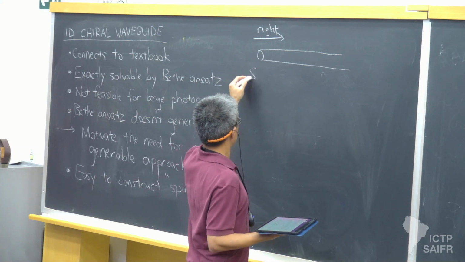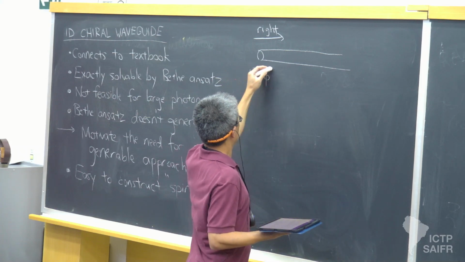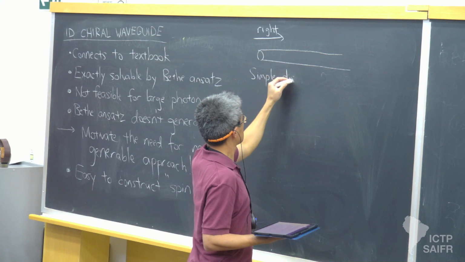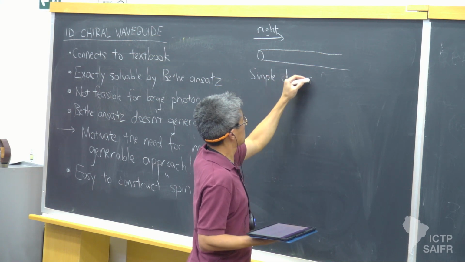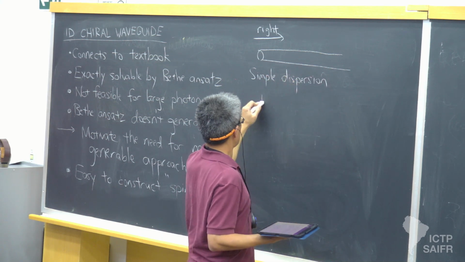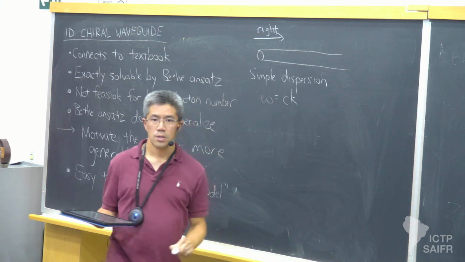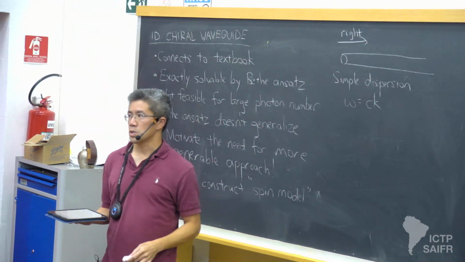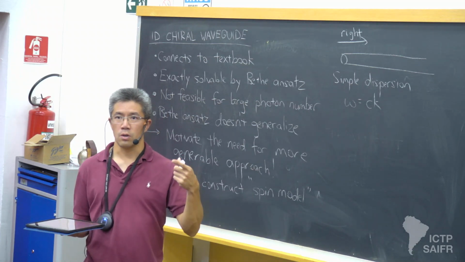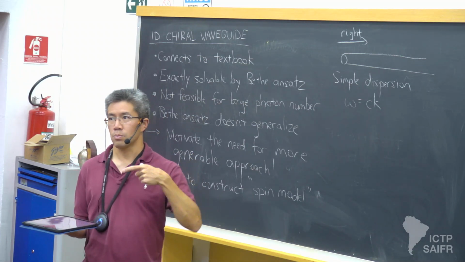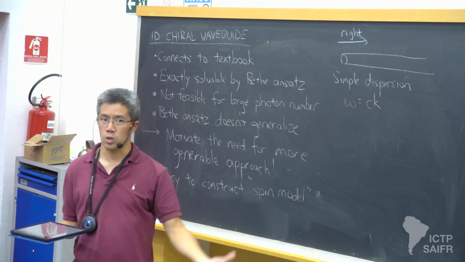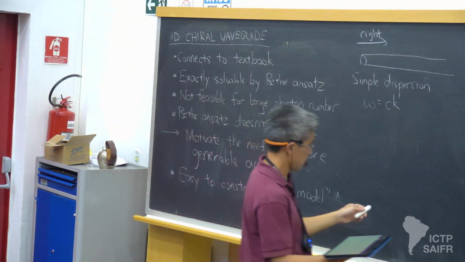We'll assume a simple dispersion relation of omega equals ck. Okay, just like in free space, so if there's no atoms or if you just have a free field, it'll propagate at the speed of light without any distortion forever.